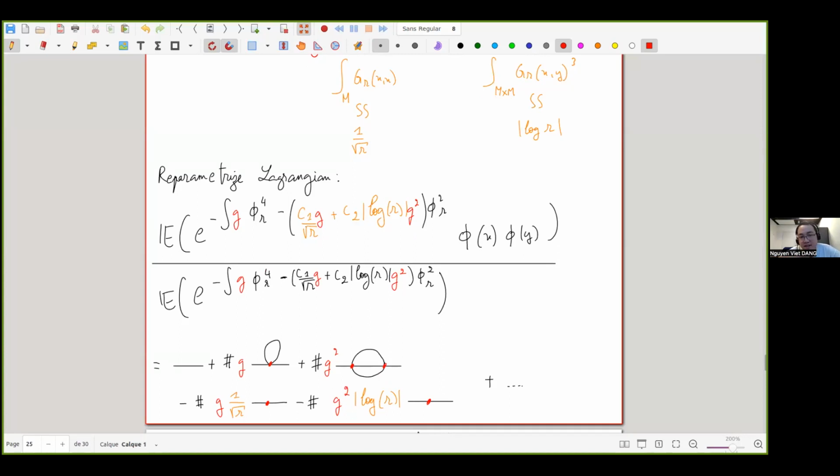Like the tadpole in Feynman graph theory, the tadpole is always Wick ordering. When you subtract this, the tadpole is Wick. But this one is not Wick. Yeah, I have to go back to the physics textbook and try to see how they interpret this sunset. Yeah, thanks.